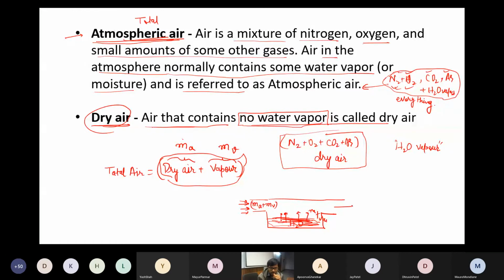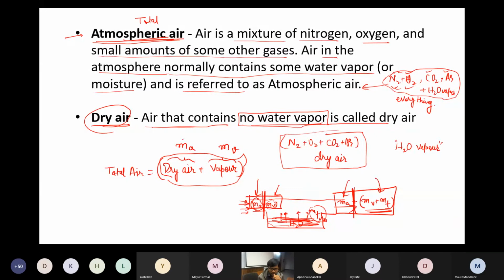Now for the outside, this ma will not change. Dry air will be ma again, but this mv plus mf you have to add as an additional vapor. So you can see the breakups. As a whole you have two things, dry air and vapor, and after exit you'll again have dry air and vapor.